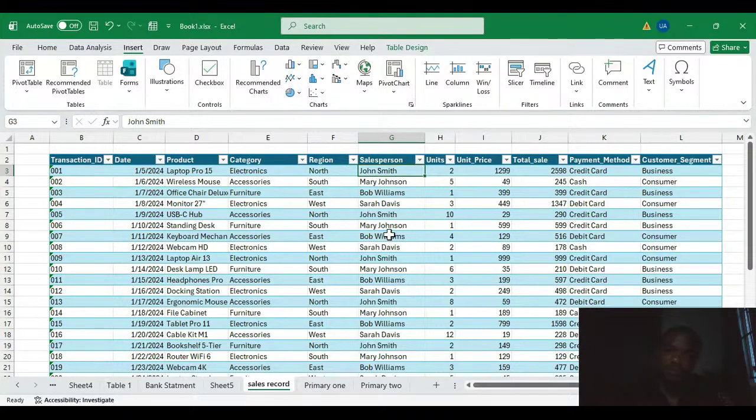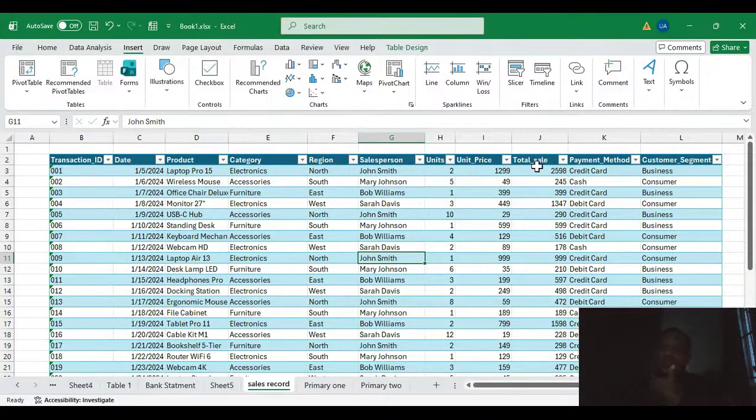If you move down, you'll see that John Smith also has 10 items here, and he also sold another one item here, and so on. The same thing with Mary Johnson, Bob Williams, and other people. So we have different kinds of items that the person has sold.